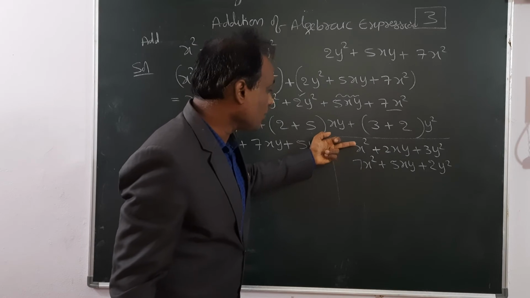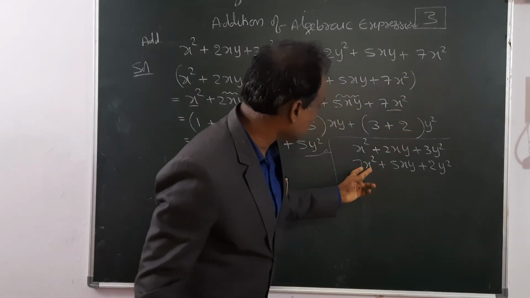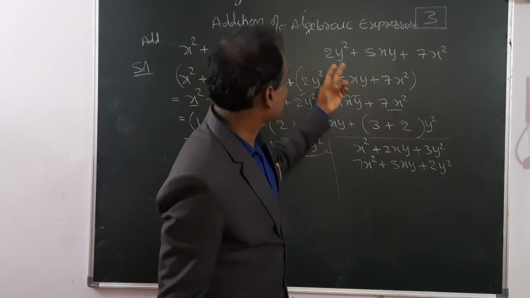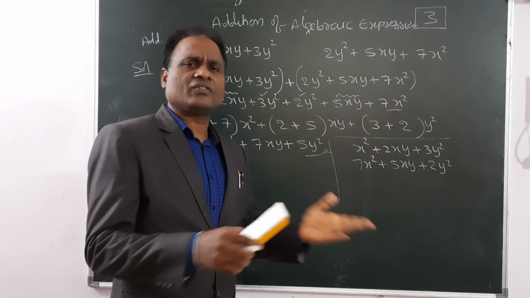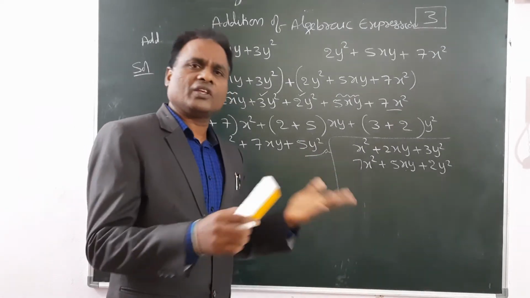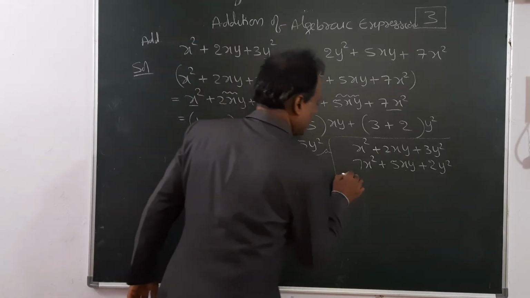Below x square there should be only an x square term. So there is an x square term here, I will write it here. This I will write here, and this I will write last. There is no change, because a plus b, b plus a, 5 plus 4, 4 plus 5, both are the same. Commutative property you studied in the lower classes. Now add.